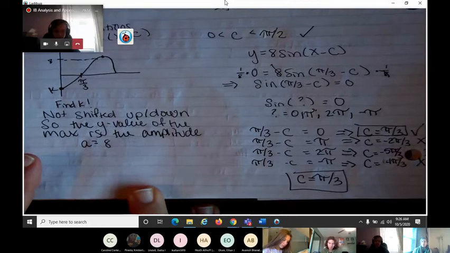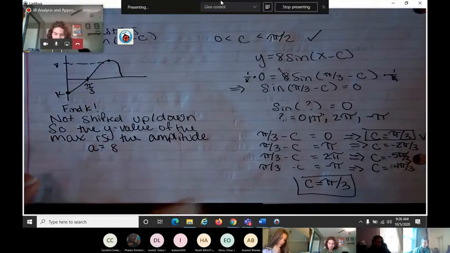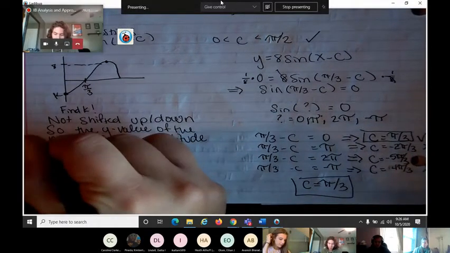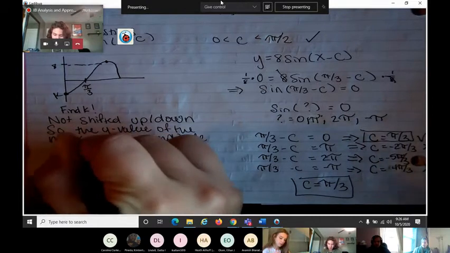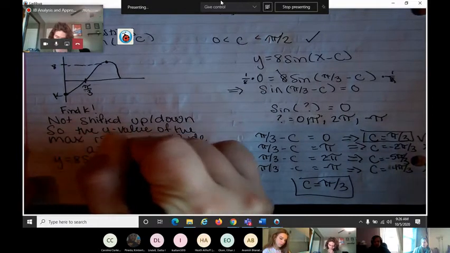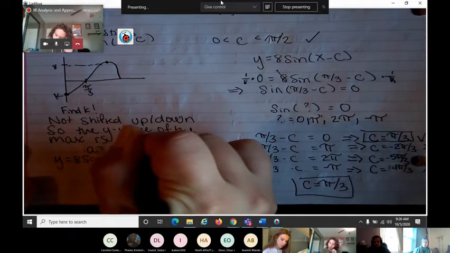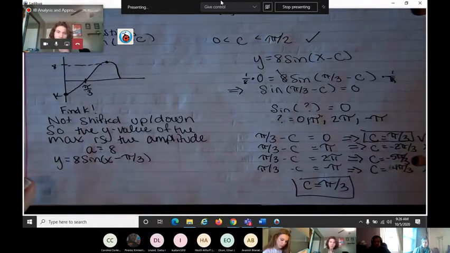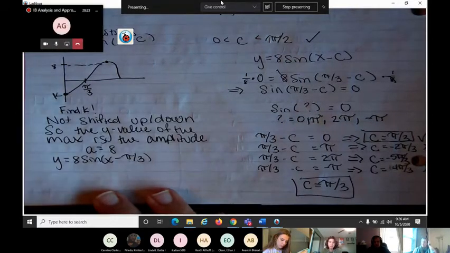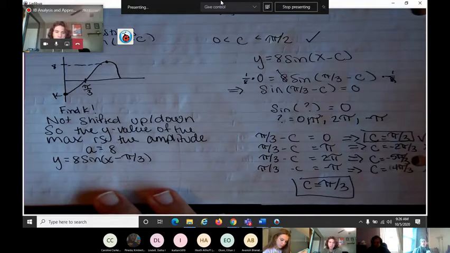Okay, so now we have what our equation is. We know that our equation is y equals 8 sine of x minus pi over 3. Now, we know something about k that will help us solve for the value of k.